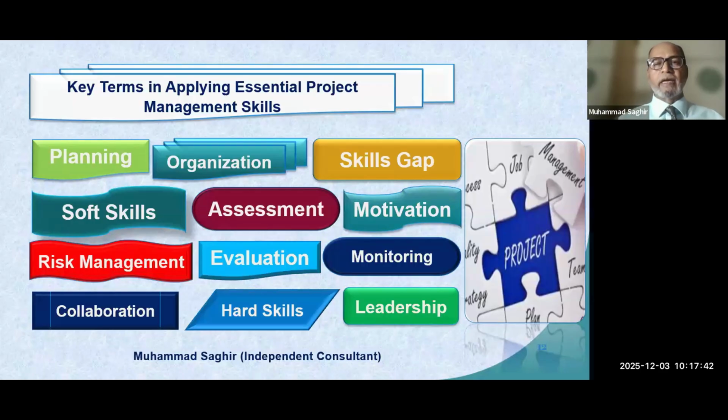We are going to discuss in detail what the skill gaps are, why we do it, how we can analyze it, and what the benefits of conducting skill gaps are. Soft skills, this is a term: assessments, motivation, risk management. When we talk about risk management, we need to have mitigation plans, evaluations, monitoring, collaboration, hard skill leadership. These are some of the major terms in applying essential project management skills.